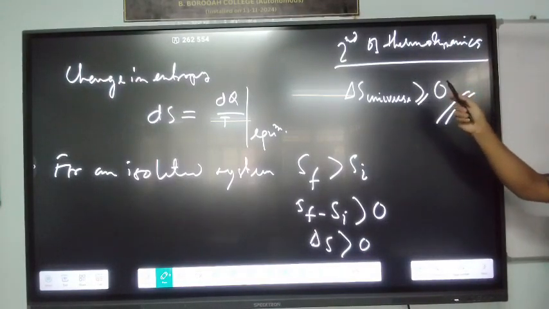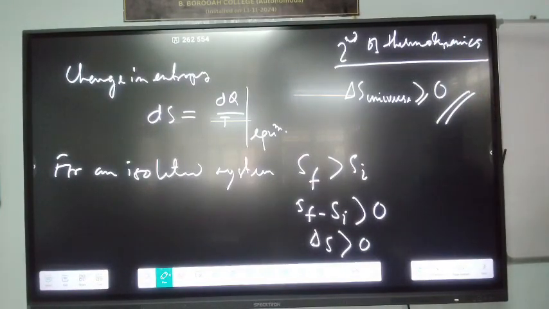The second law says that the change in entropy of the universe cannot be negative. It always has to be either 0 or greater than 0.